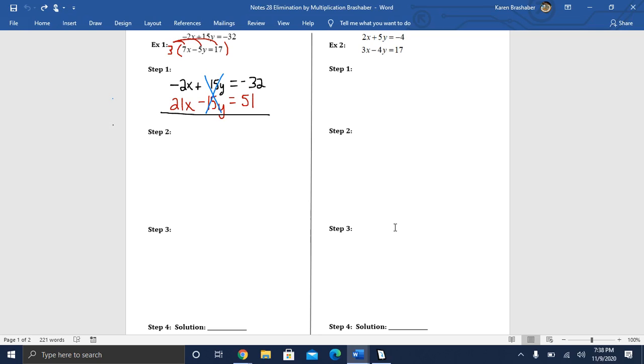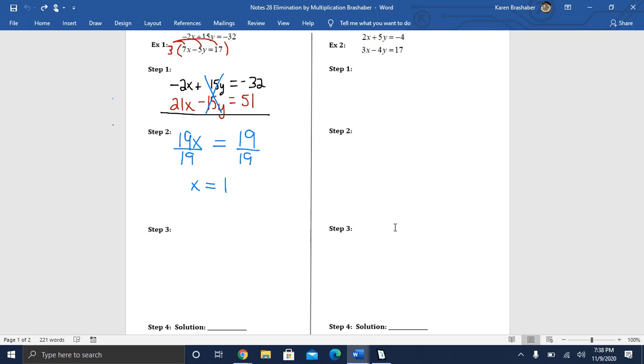So we'll add and get negative 2x plus 21x, which gives us 19x. That equals 51 plus negative 32, which is 19. And so we can divide both sides by 19 and have our first variable solved for.